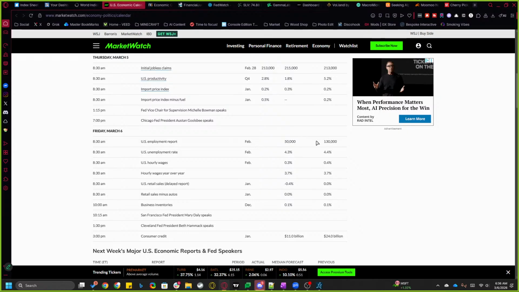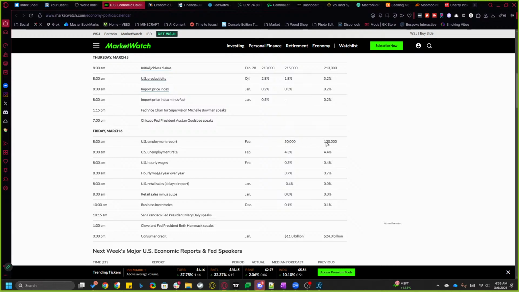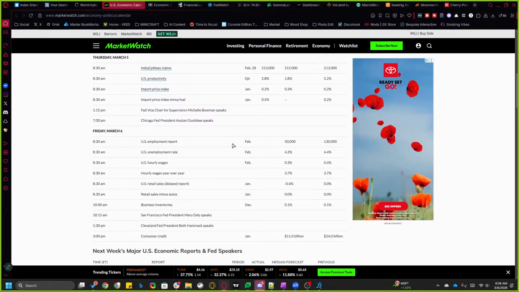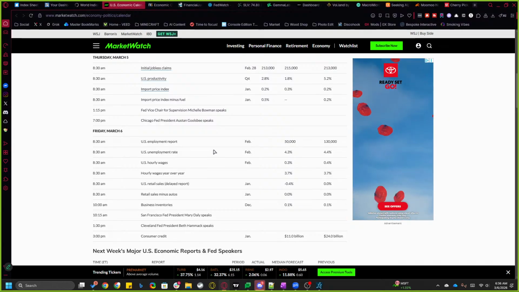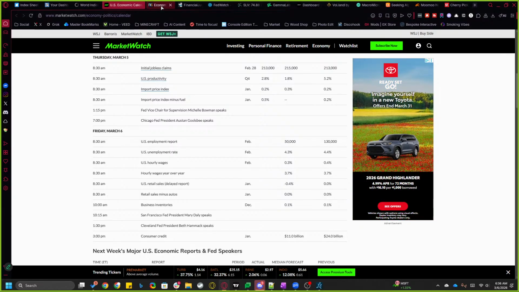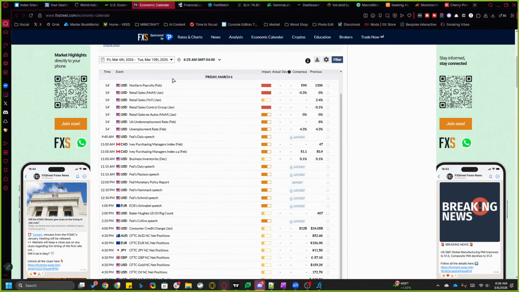And anytime you have really wide numbers, it should get your attention. There's a lot of room for screwing up here. And I would bet the consensus is not uniform across multiple sites if we were to go look. So we might see some real drama this morning at 8:30.